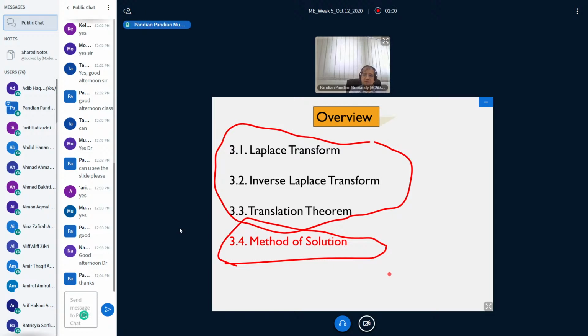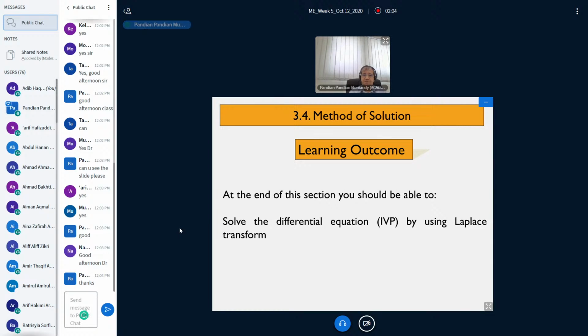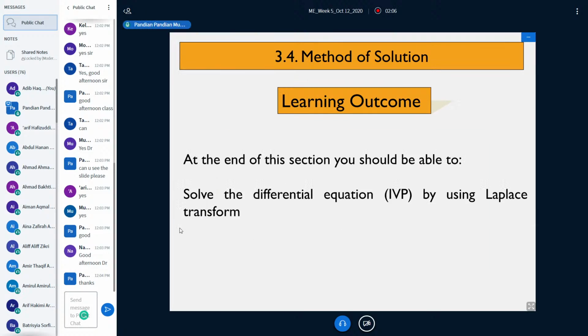Now, the question is, why do we need the Laplace transform? As you see on this slide, it is to solve differential equations with the acronym IVP.